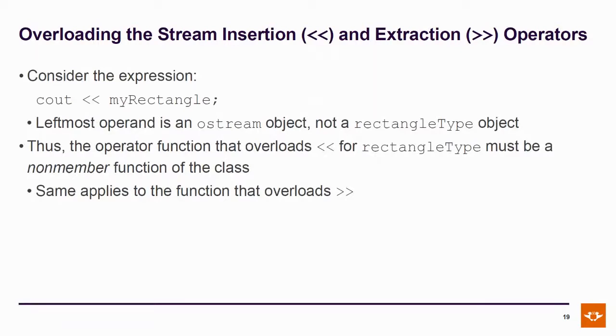For example, if we implement the stream insertion and extraction operators, we can then stream directly into our class using cin or cout, or later on using file streams for input and output.